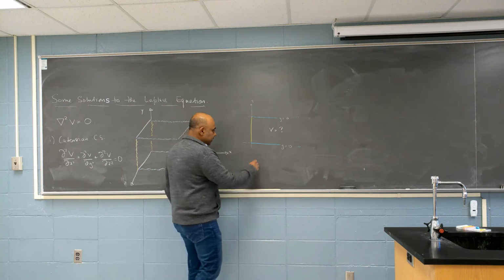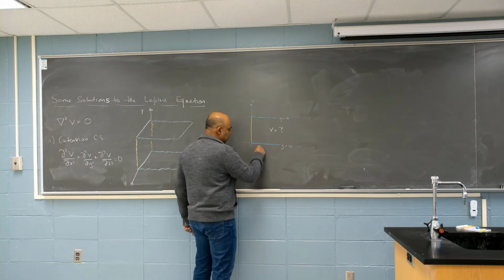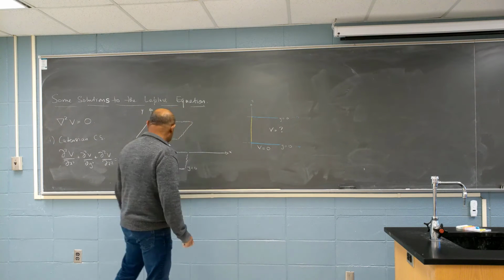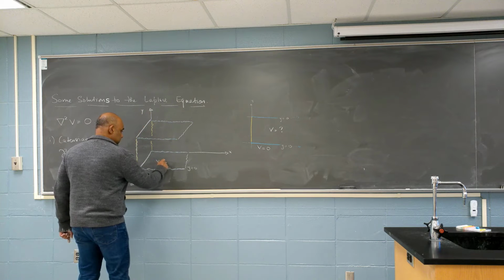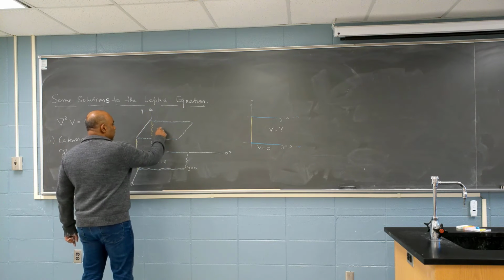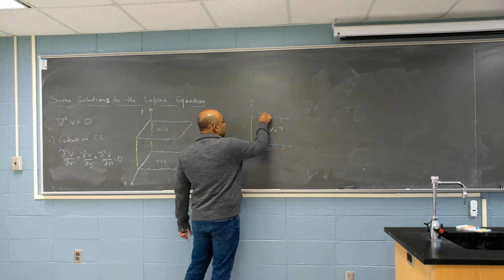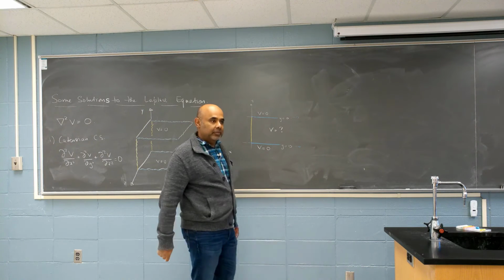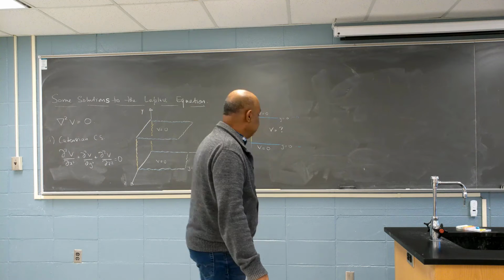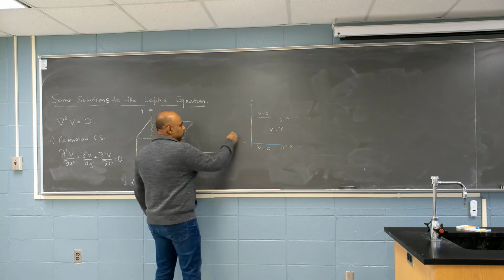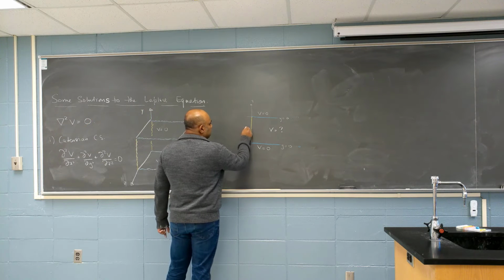But here, the potential on this surface is set to be 0. Same thing over here is set to be 0. And setting it to be something else is simply a different problem for me to assign.